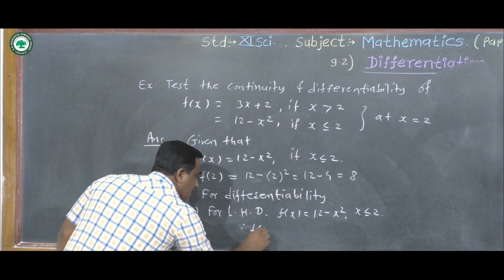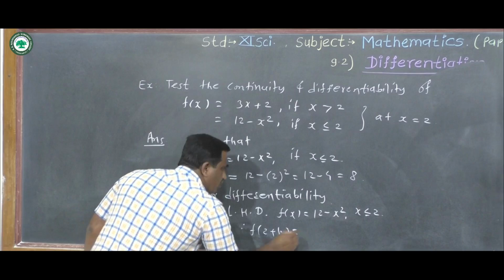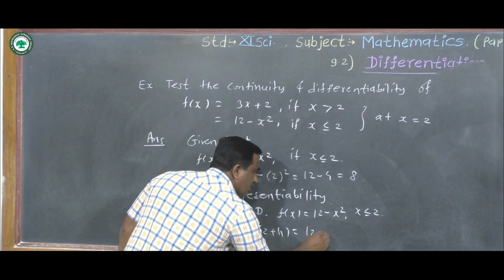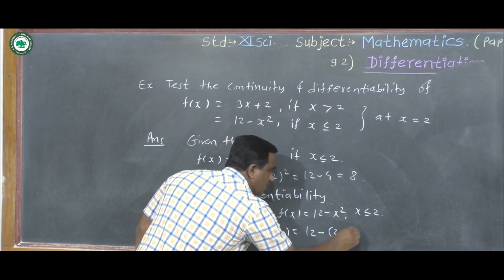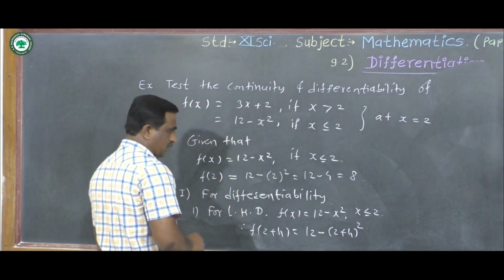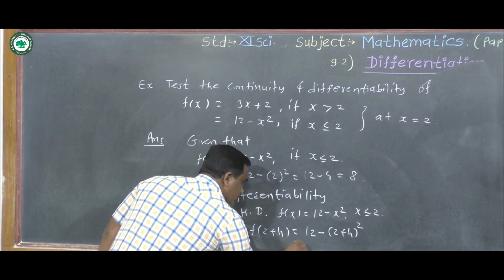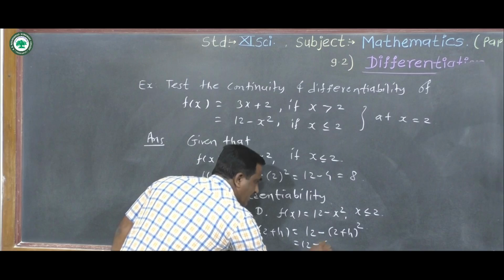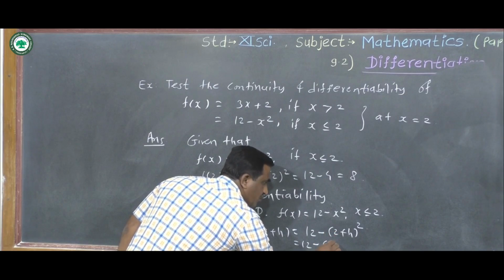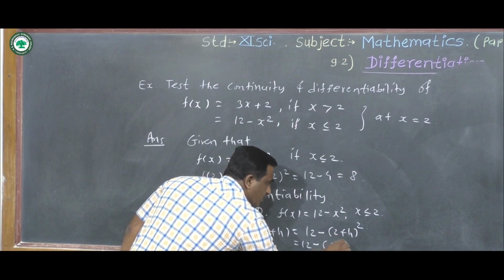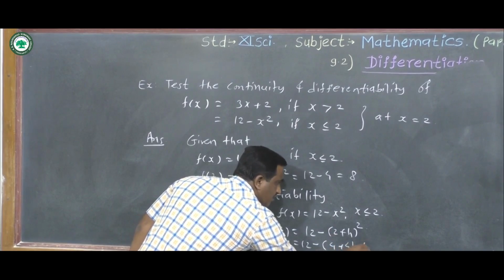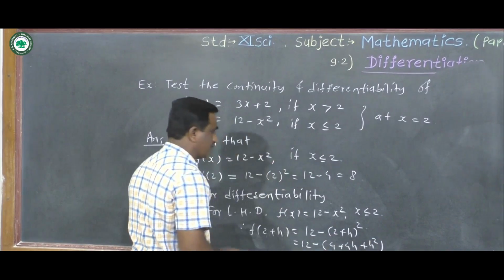Therefore, f of 2 plus h is equal to 12 minus (2 plus h) whole square. That is 12 minus, taking the expansion, 2 square that is 4, plus 2 into 2 into h, 4h, plus h square.